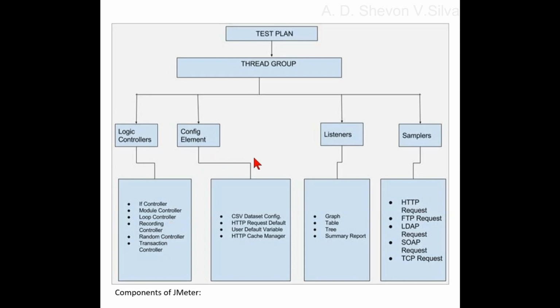Config element interacts with the CSV dataset config, HTTP request defaults, user defined variables, and HTTP cache manager. Listeners interact with graph, table, tree, and summary report. Samplers interact with HTTP request, FTP request, LDAP request, SOAP request, and TCP request.